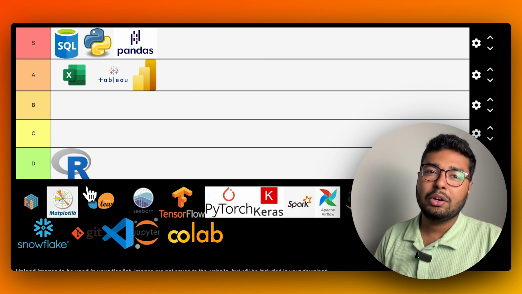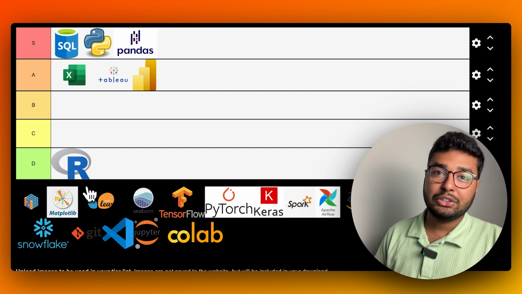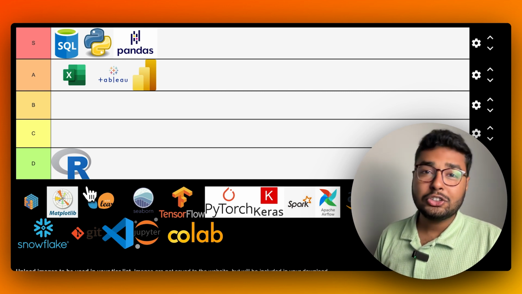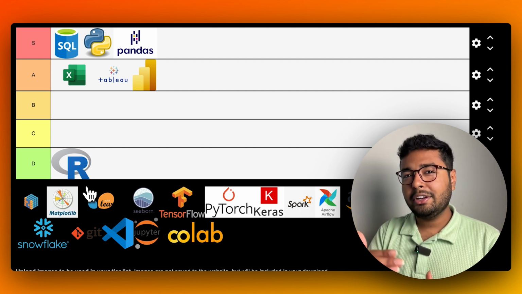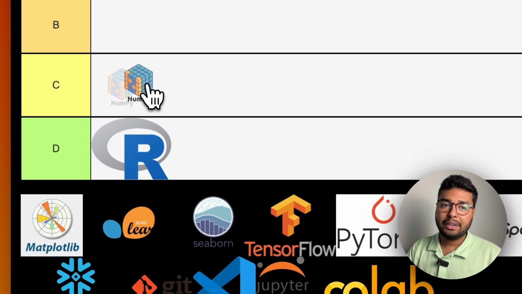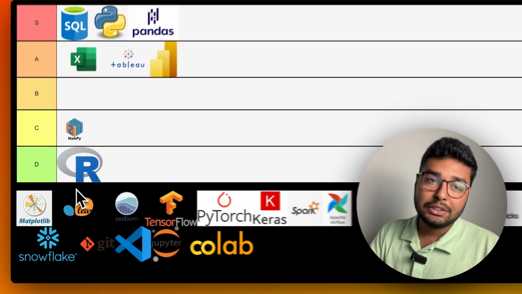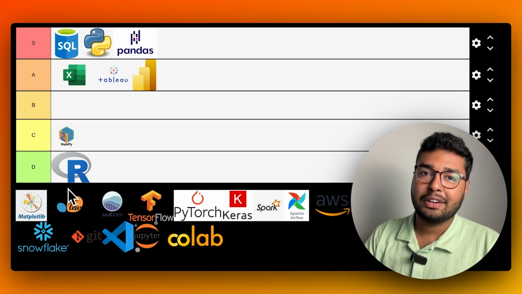So you can't do more complicated mathematical calculations using Pandas. NumPy is going to help you to do that. Since we are also going to rank based on ease of use, once you go to the intermediate or advanced level, you can learn NumPy. For now, I'm going to put NumPy in C tier. You can survive without NumPy just by using Pandas unless you want to work on any complicated mathematical equations.